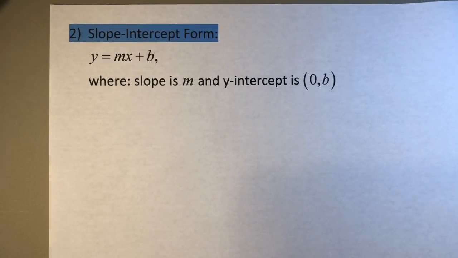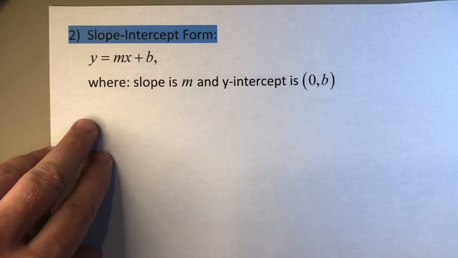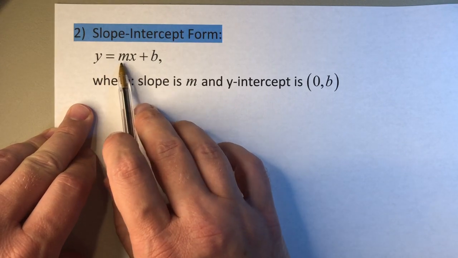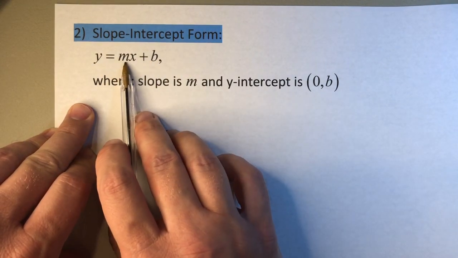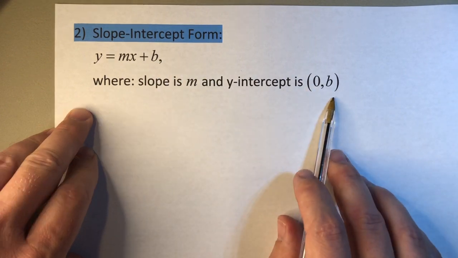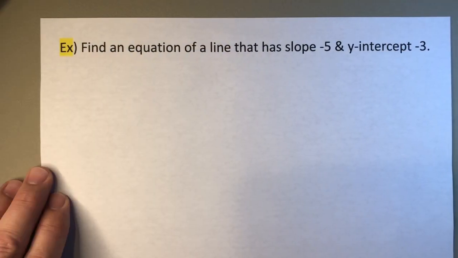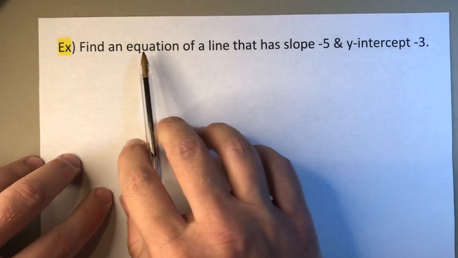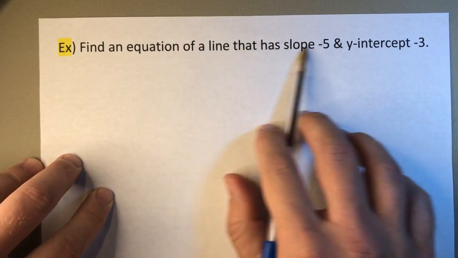The next thing is the slope-intercept form of a linear function. So it's y equals mx plus b, where m is the slope and b is the y-intercept. So using that form of our line, using the slope-intercept form, we can quickly come up with an equation of a line based on this given information.